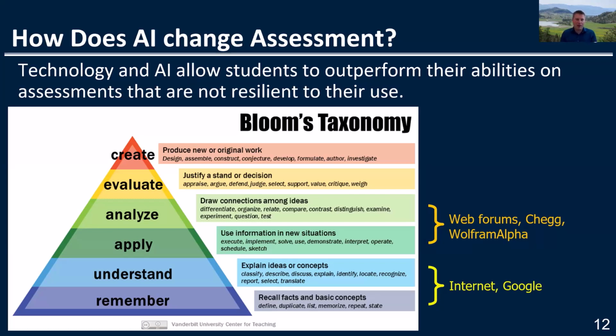Chegg is probably a very bad word in terms of instructors. I don't know if you know, as a public company, they just reported earnings last week and they didn't do very well. Why? Because all the OpenAI tools not only can do those levels of Bloom's taxonomy, they also can do create and evaluate that we thought would be resilient to AI use or AI ability to perform those assessments.